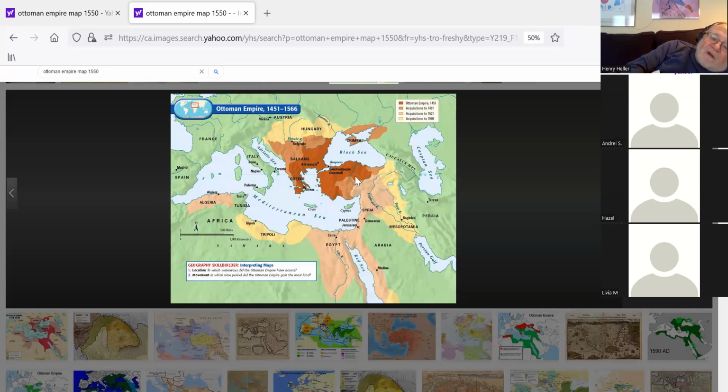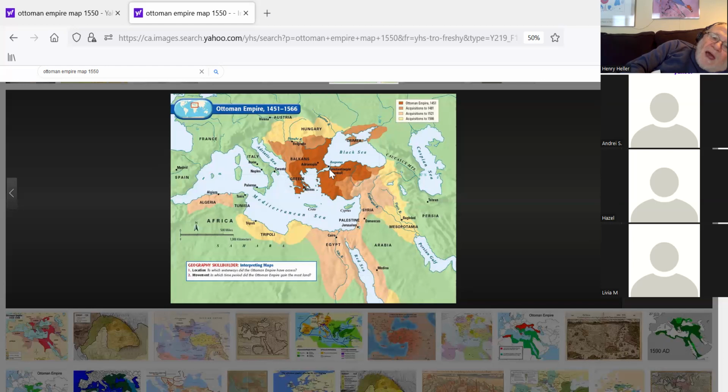So the Ottomans are active in Anatolia, but at the end of the 14th century they invade the Balkans. And by the beginning of the 15th century, the Ottoman Turks have become the dominant tribe over Anatolia, and now they dominate the Balkans as well.